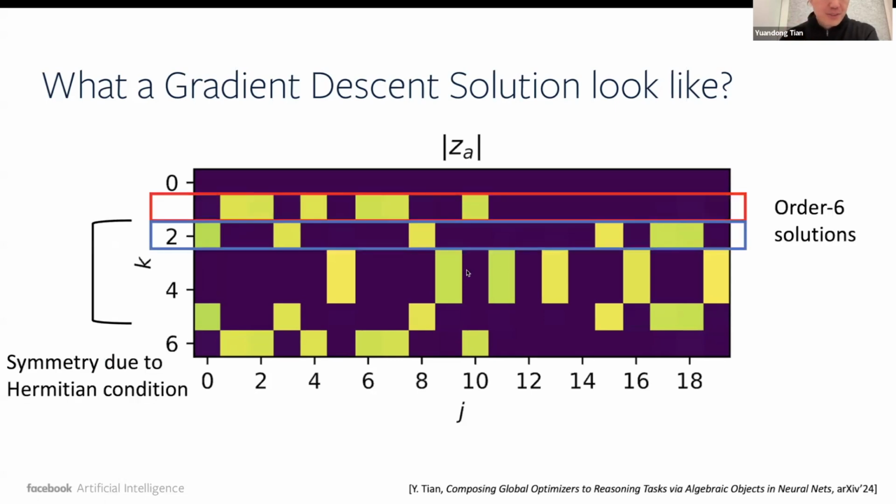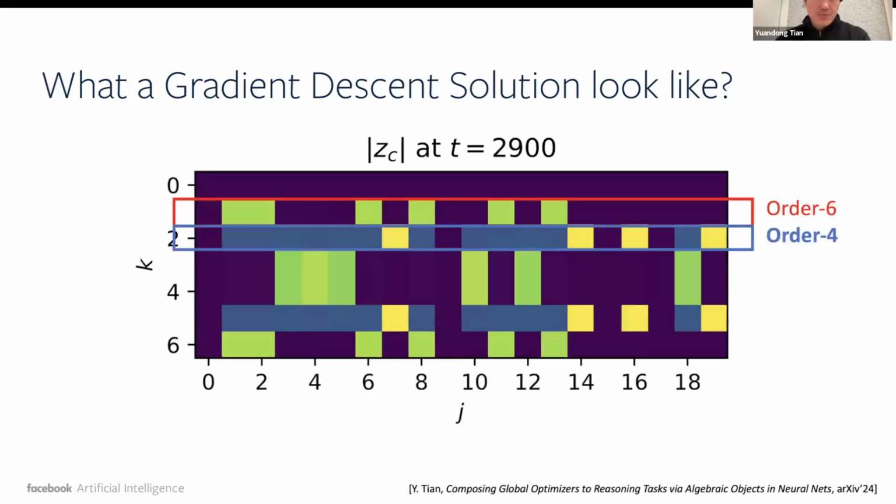In particular, for every frequency, you see exactly 6 neurons that have a non-zero Fourier transform along the line. For example, for frequency 1, you have 1, 2, 3, 4, 5, 6 neurons. For frequency 2, you also have 6. So these are all the 6 solutions, which is quite interesting.